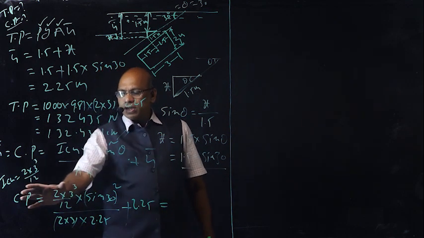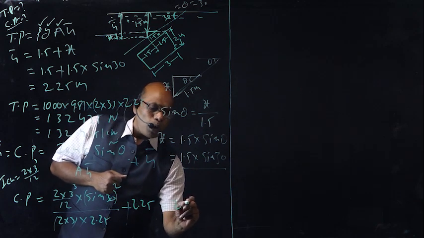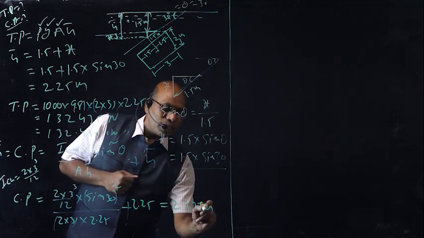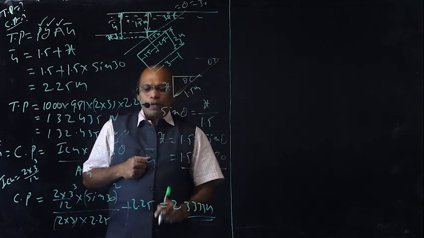Therefore center of pressure or h star is equal to 2.333 meters. Right? This is the center of pressure.